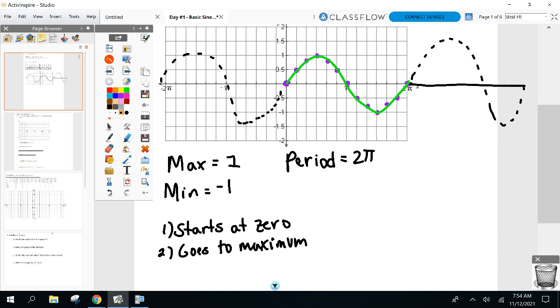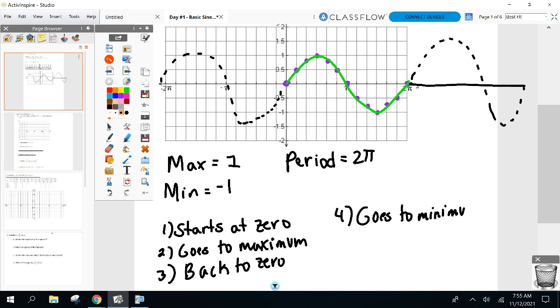There's a stop in between, though, I want to make. Goes back to 0, yep. Back to 0. Then where? Then goes to the minimum, yep. And then where does it end?